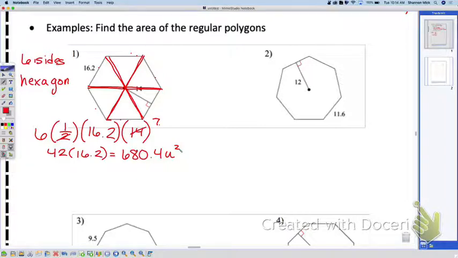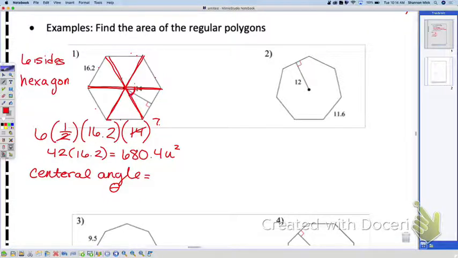Now the other thing I'm going to make you do is the central angle, okay? And we're going to call it central. And instead of writing angle after this one, I'm going to put a theta. Remember how we use theta for angle? So that means the middle angle, one of these.